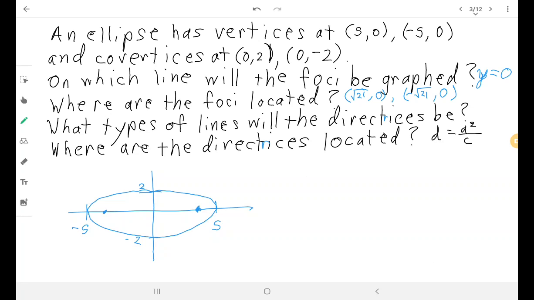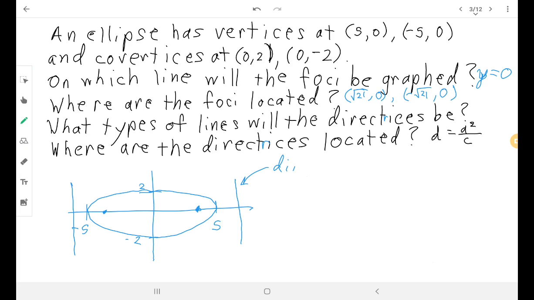And now we want to talk about these directrix things. And the directrices are these vertical lines or horizontal lines, depending on whether the ellipse is tall or wide. This one happens to be wide, so these are the directrix lines.